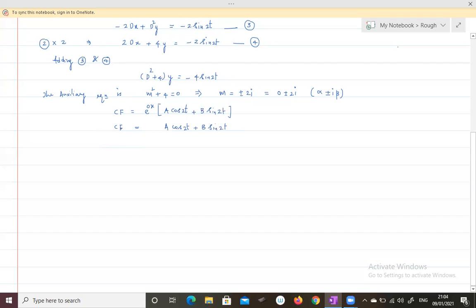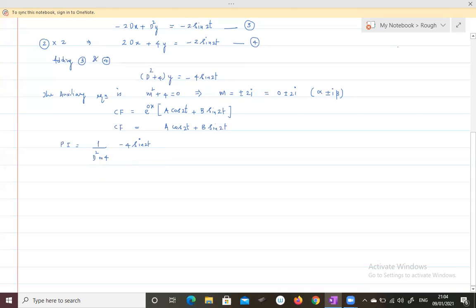Now let us find the particular integral, because the right hand side is given as minus 4 sin 2t. The particular integral is equal to 1 by D square plus 4 of minus 4 sin 2t. So we have to replace D square by minus a square, where a equals 2.